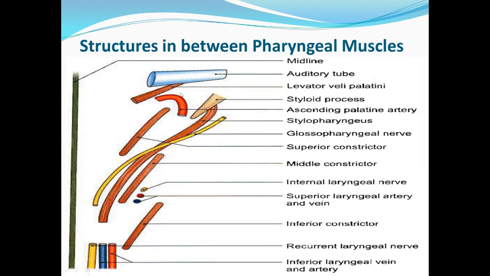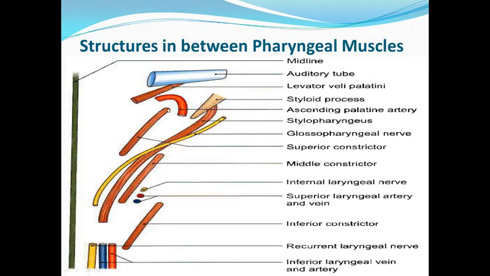This sinus of Morgagni has some structures passing through it. The structures passing through this gap are the auditory tube, which you can trace here, the levator veli palatini muscle, and the ascending palatine artery.